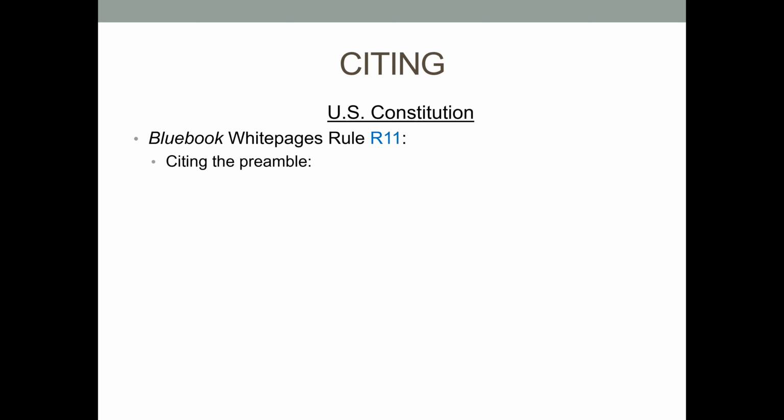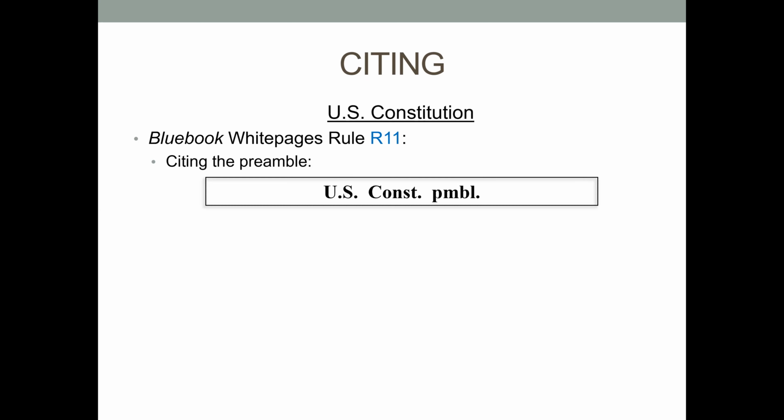So if you are citing the preamble, here is the Blue Book form. U.S. Const. with the C capitalized, space, and then the abbreviation of preamble, which is lowercase pmbl.